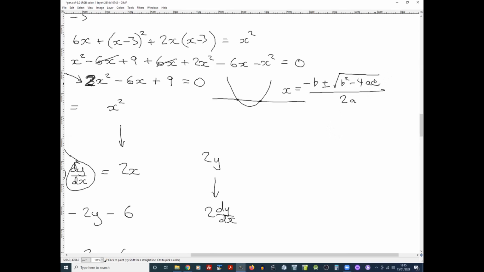The calculator would have a problem if you wanted it to take the square root of 6 minus 4 times 2 times 9. Possibly, yes. What do we call this under the square root? It's the discriminant, b squared minus 4ac. Of course. I haven't seen this in ages. Yes, but that's what this turned into.